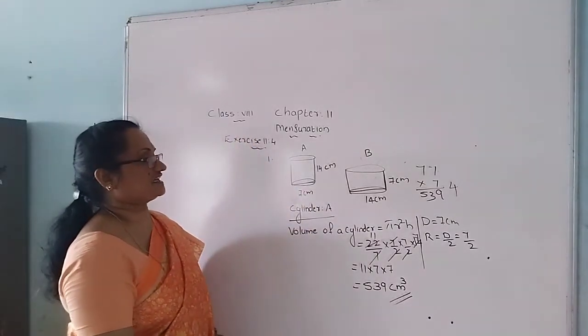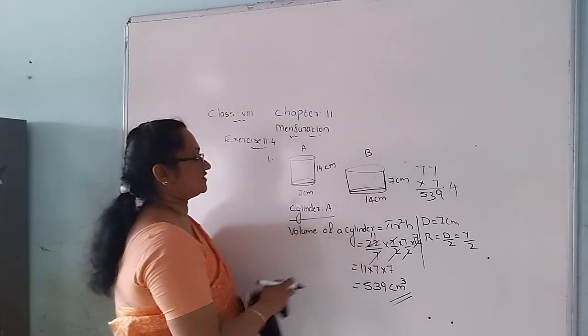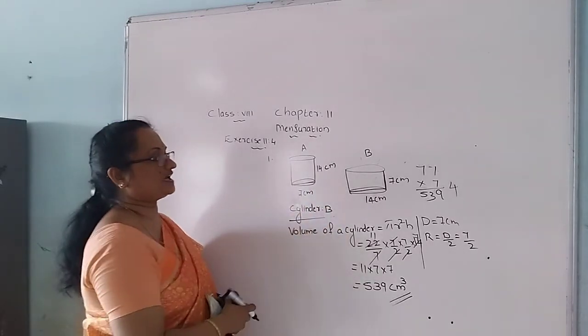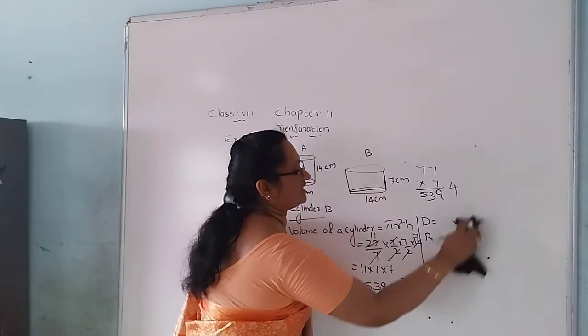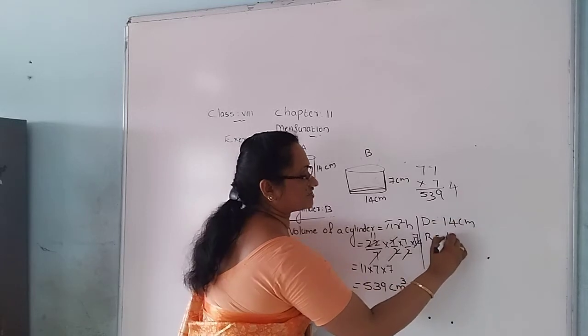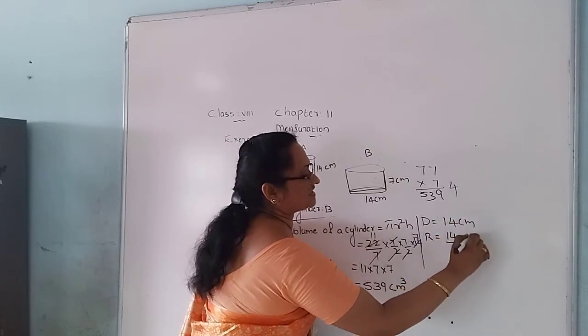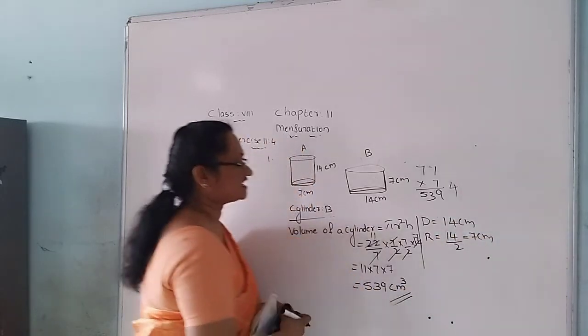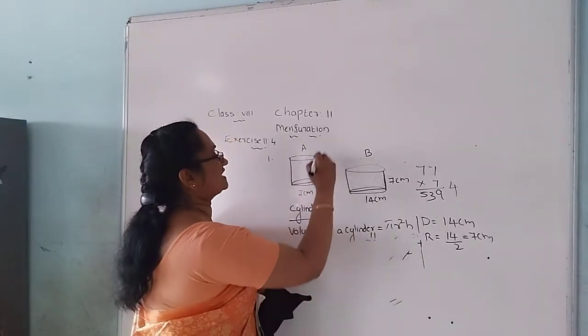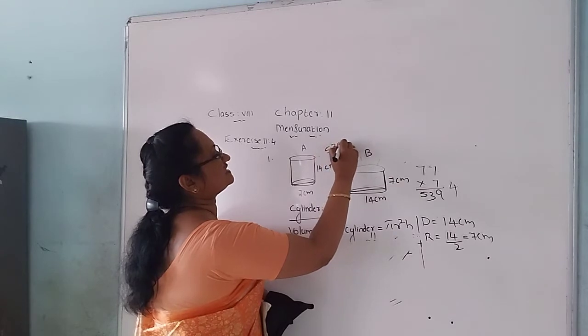Then the second vessel, same process. For cylinder B, the volume of a cylinder formula is applied. The diameter is given as 14 centimeter. Radius is half of 14, which is 7 centimeter. Then values are substituted. Remember, for A the volume is 539 centimeter cube.